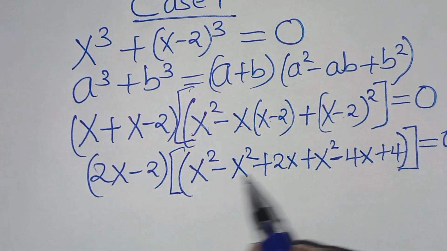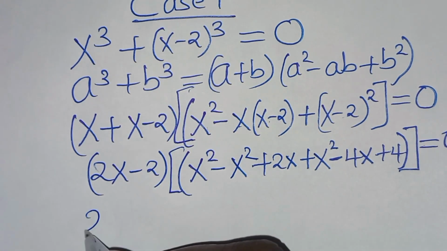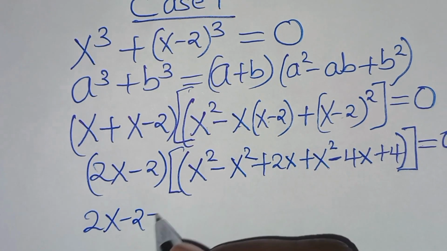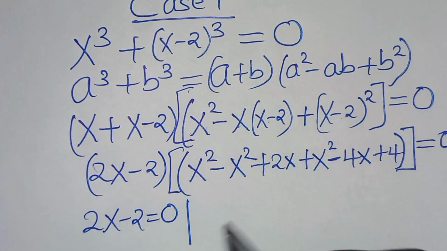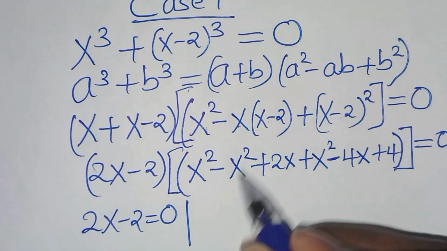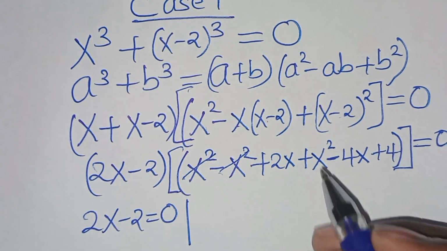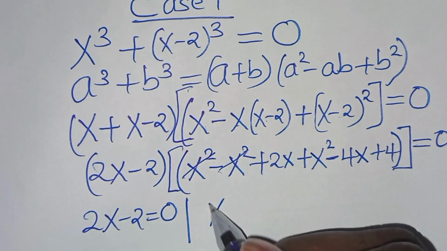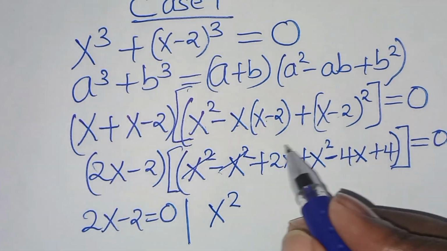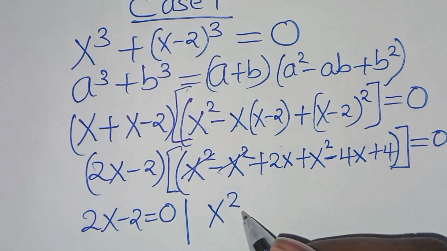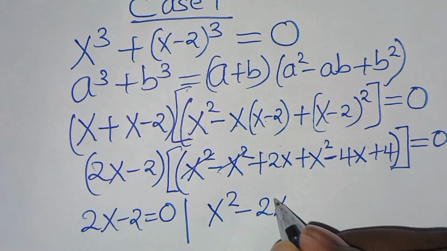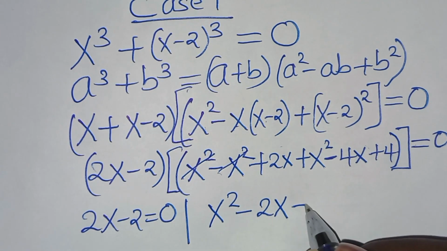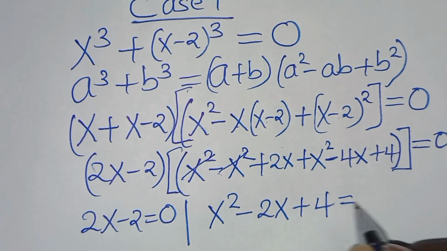The next step here, we have two parts. The first part is 2x minus 2 equal to 0. The next part, we have x squared minus x squared, which simplifies, then x squared, and 2x minus 4x is minus 2x, then plus 4, equal to 0.